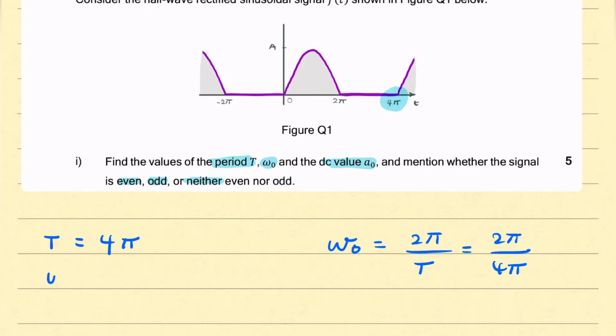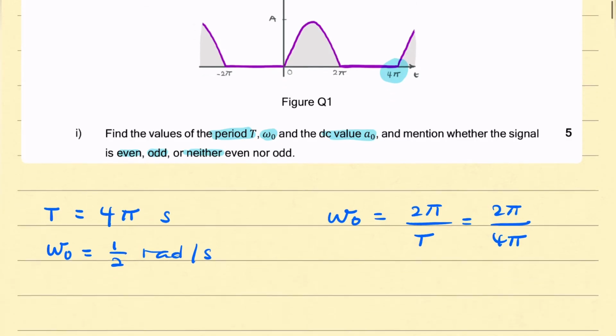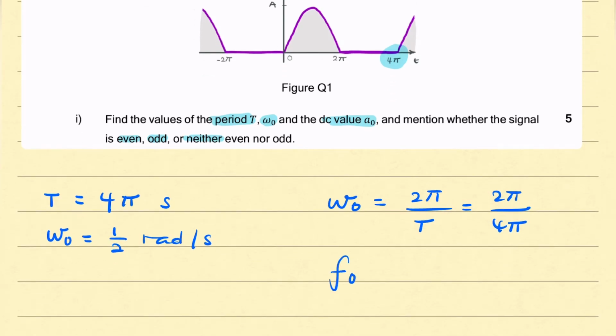So we can write omega naught equals half, and the unit is radians per second. So the units for the period are time, the units for the fundamental frequency are radians per second. If you wanted to find the fundamental frequency in hertz, it would be 1 over T. So 1 over 4 pi, and that would be in hertz. But that's not being asked for here.